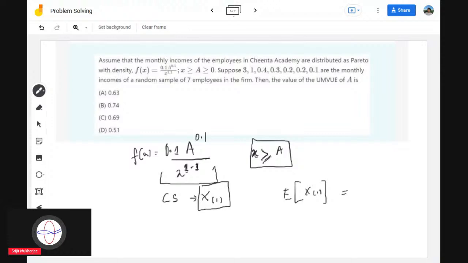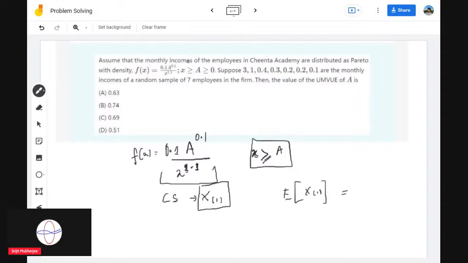I don't know the expectation of the Pareto distribution, so let me just check it online. Otherwise, I'm just trying to minimize the time of our doubts. Okay. So the mean is defined for alpha greater than 1.